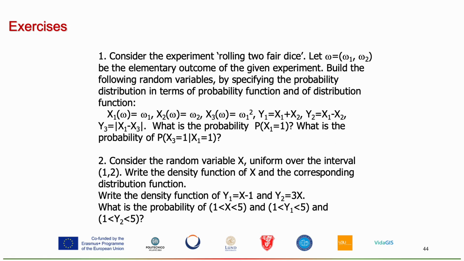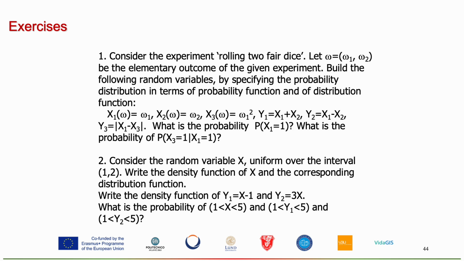Finally, we have some exercises just to practice. Consider the experiment of rolling two fair dice. Let omega = (omega1, omega2) be the elementary outcome of the experiment.